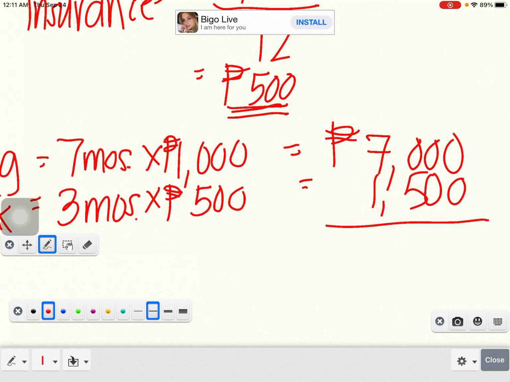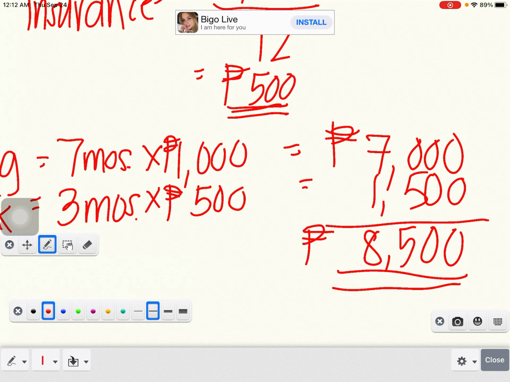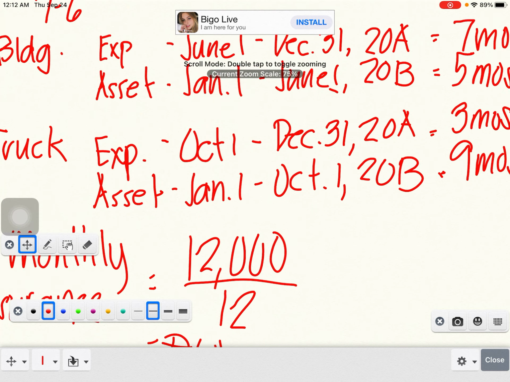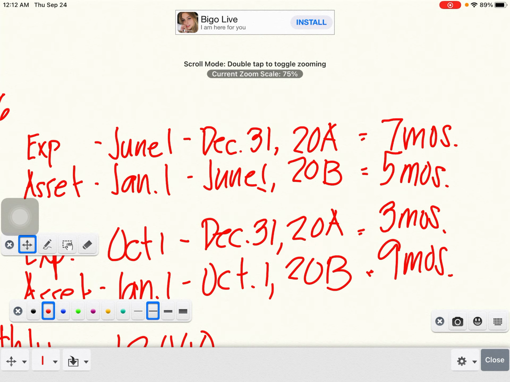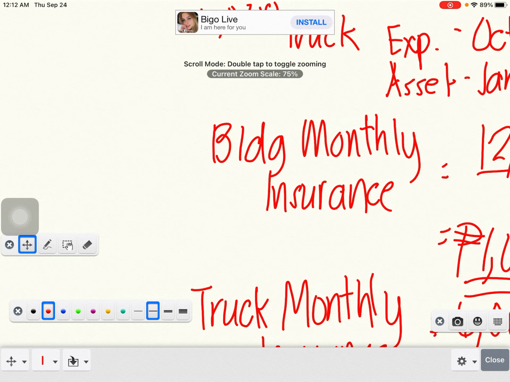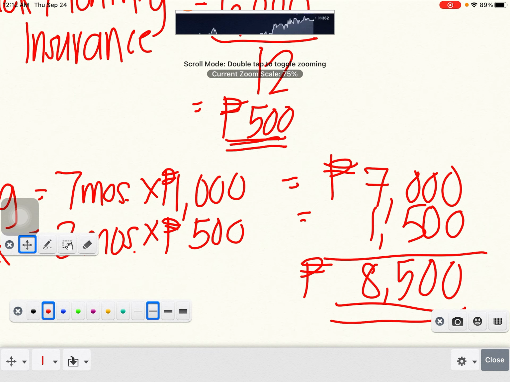So your total expired portion is 8,500. Bakto ba? 7 and 3. Now, expense portion is 7 and 3. That was 1,500. Okay? So that is for number 1.